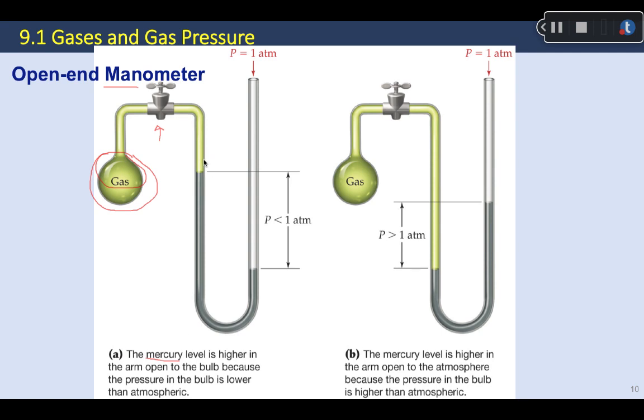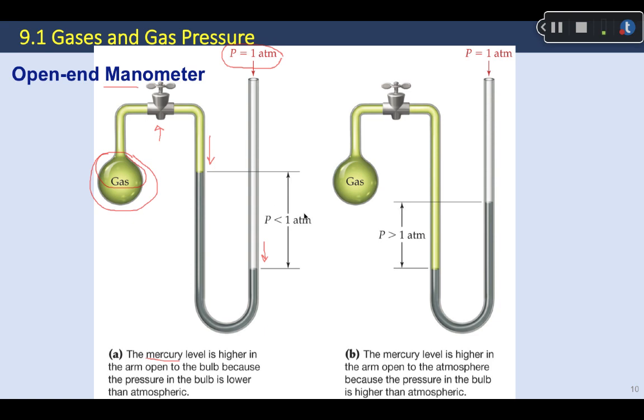And when you open the valve to put the gas in contact with the mercury, the gas, whatever pressure it is, will push against the mercury, and it will be a comparison of how the pressure of the air outside this open-end device is pressing on the mercury compared to the pressure of the gas.